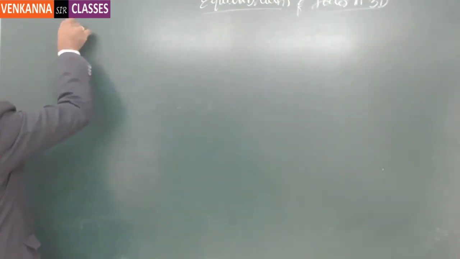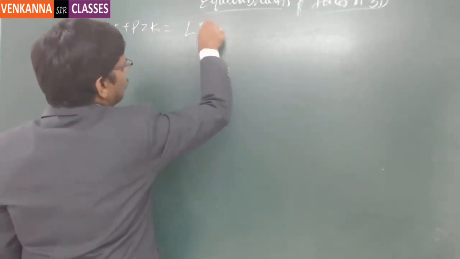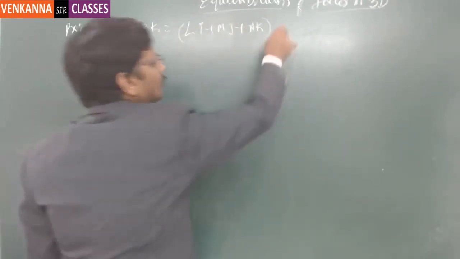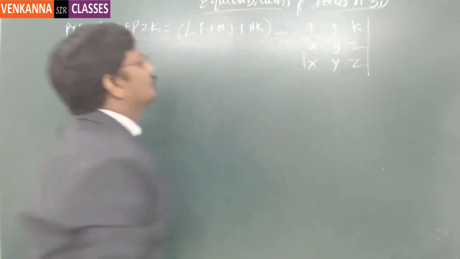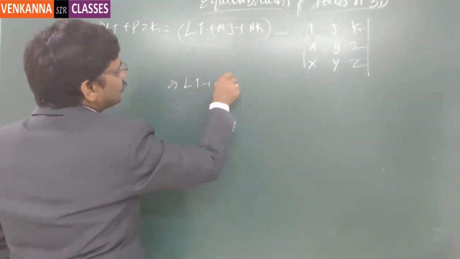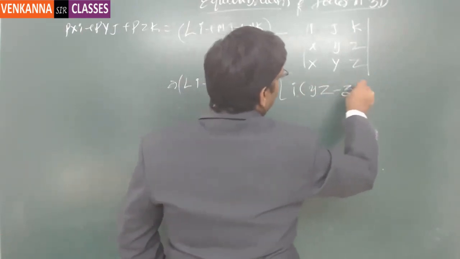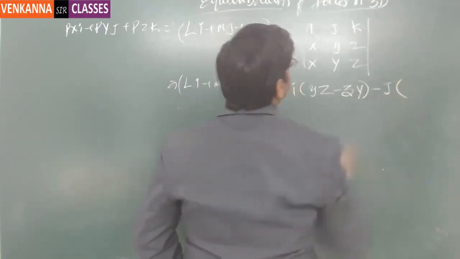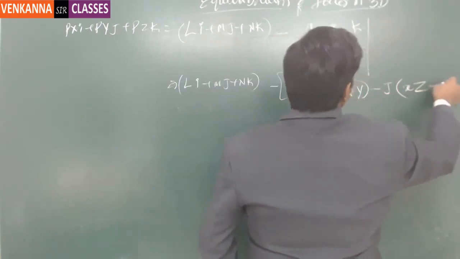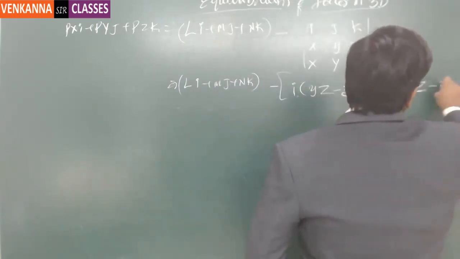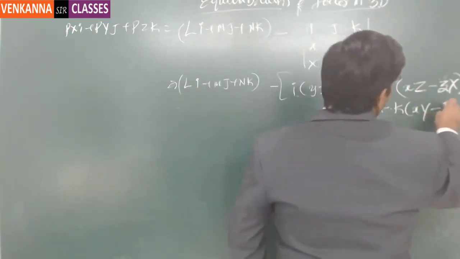Now this side what we have got is Pxi plus Pyj plus Pzk is equal to Li plus Mj plus Nk, which is nothing but the G value, minus the determinant of i j k, x y z, and capital X, capital Y and capital Z. So if I further simplify it, Li plus Mj plus Nk minus i times (yZ minus zY) minus j times (xZ minus zX) plus k times (xY minus yX).